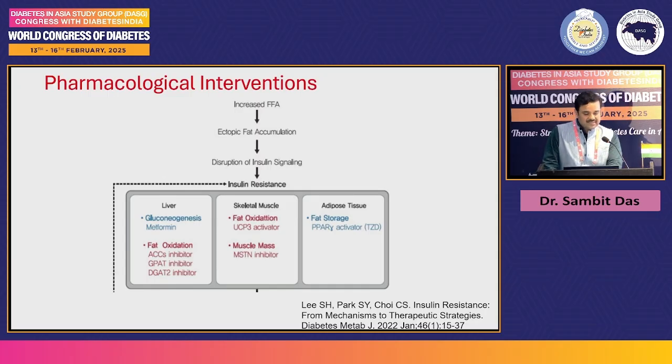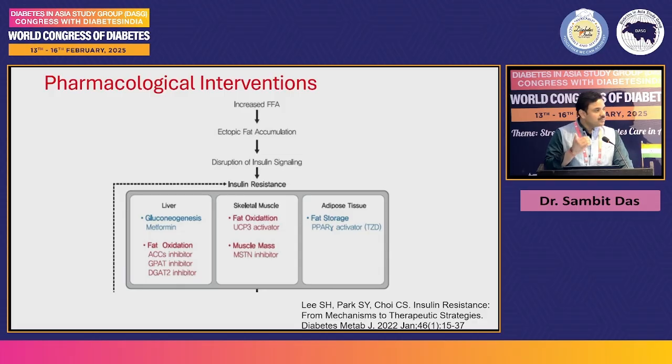Now this box is very important because insulin resistance we have discussed at the liver, at the skeletal muscle and at the adipose tissue. Now we have two drugs which directly reduce insulin resistance and are currently available. One is for the liver, preventing gluconeogenesis, which I'll be discussing with metformin, and at the adipose tissue, the fat storage, that is the PPAR gamma agonistic activity for fat storage.